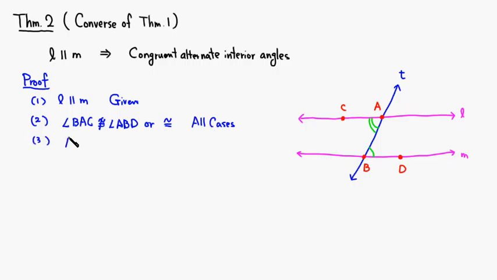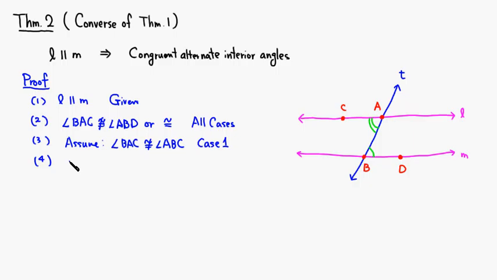Assume that angle BAC is not congruent to angle ABD. This is case 1. If they're not congruent, their measures are different, so one must be larger than the other.